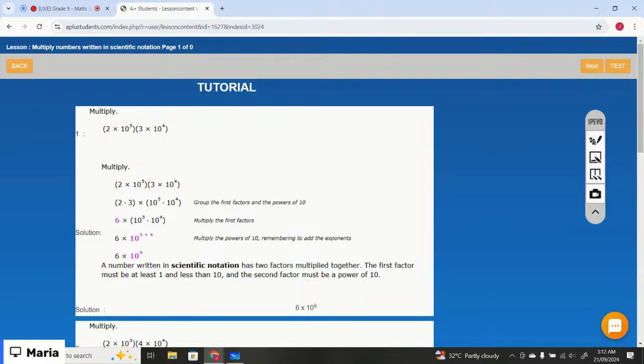Okay, so 2 times 10 exponent 5 and 3 times 10 exponent 4.